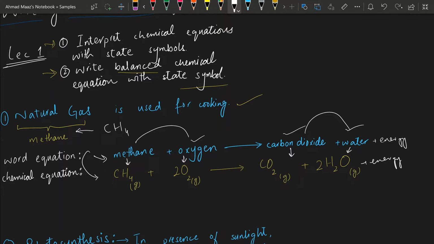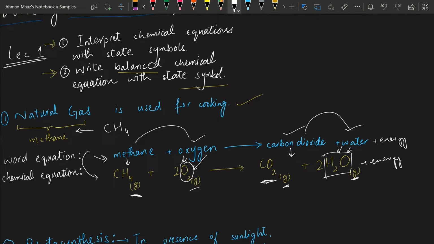So methane is CH4 and it is a gas. It burns with oxygen. Oxygen is O2 and it is also a gas. And carbon dioxide is CO2, which is also a gas. And then water vapors are produced, that is why it's gaseous. And water is H2O.